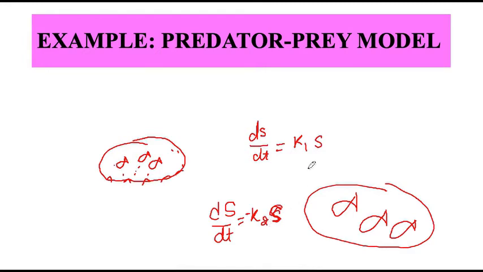So the first equation tells me how small fish will grow, assuming they do not naturally die and they have lots of food to eat. If I write down the solution, it would be an exponential growth: S(t) equals S naught e to the power K1 t, which is the solution of this equation.